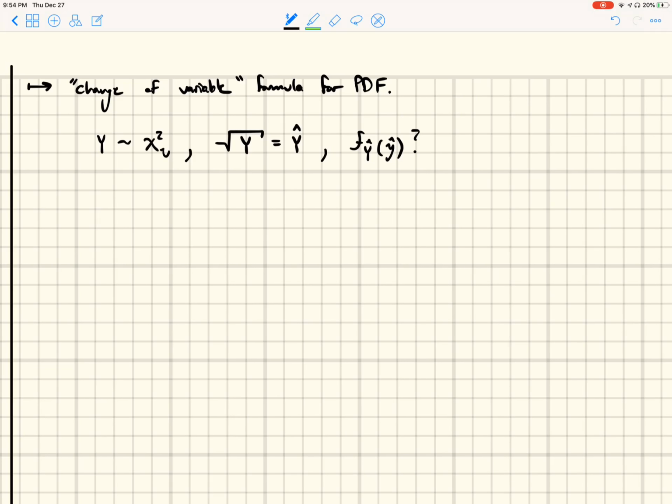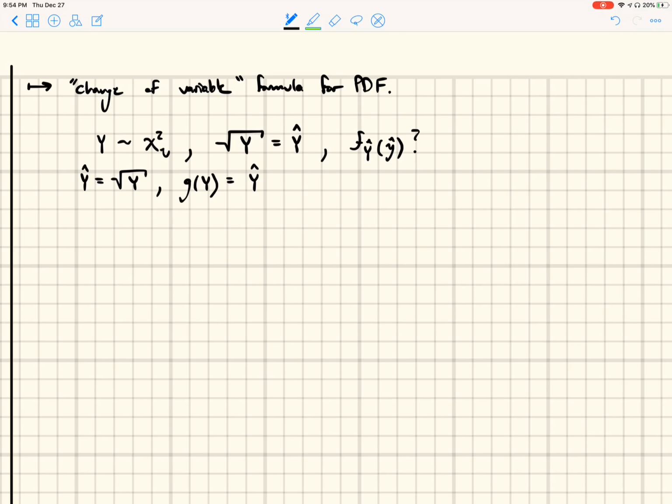And we can show that if y hat is the square root of y, then the function transforming y is merely equal to y hat.